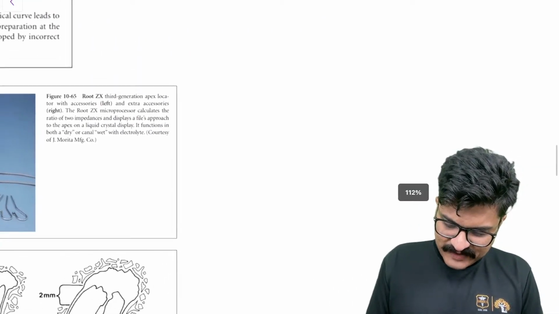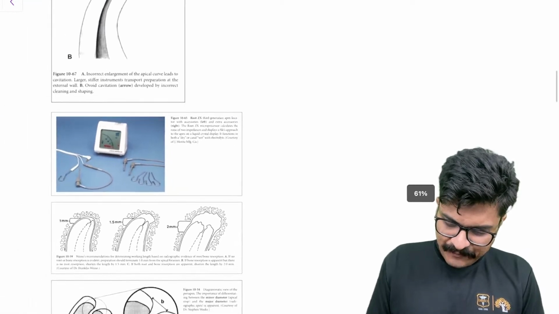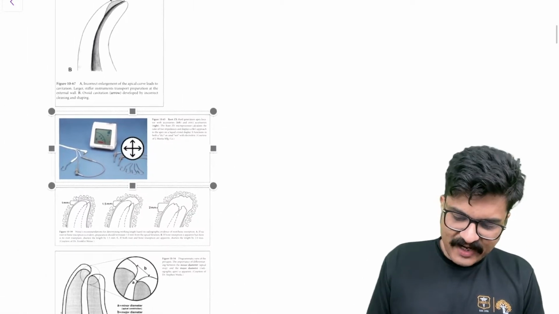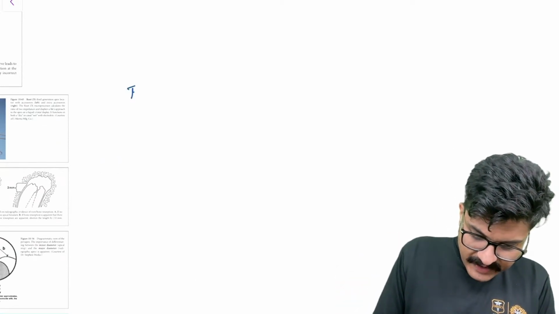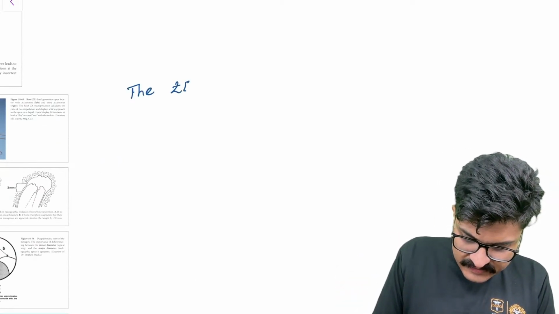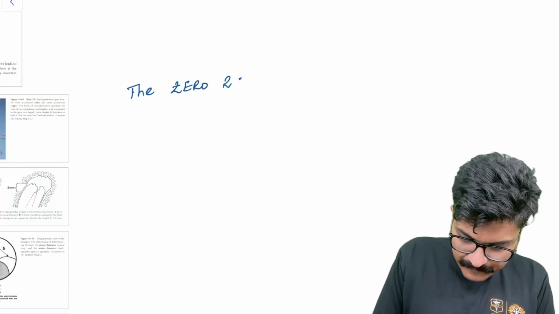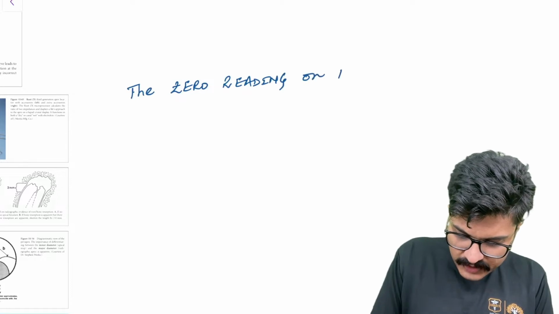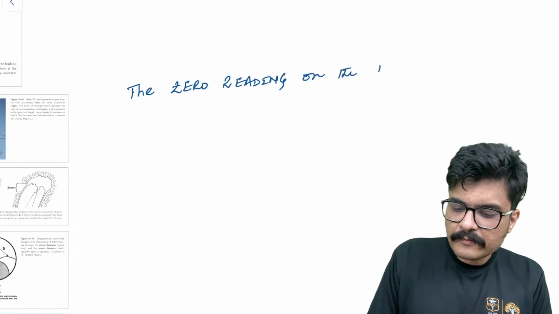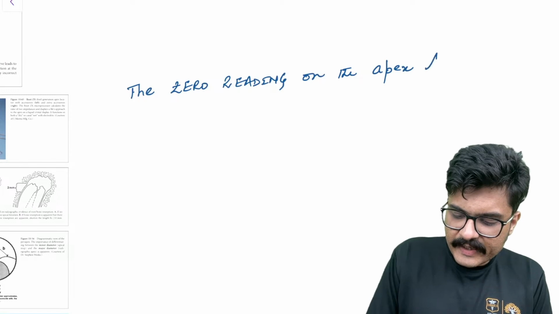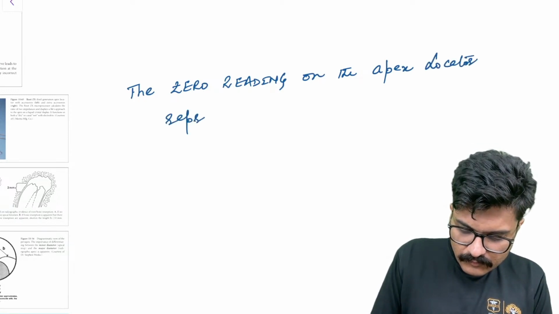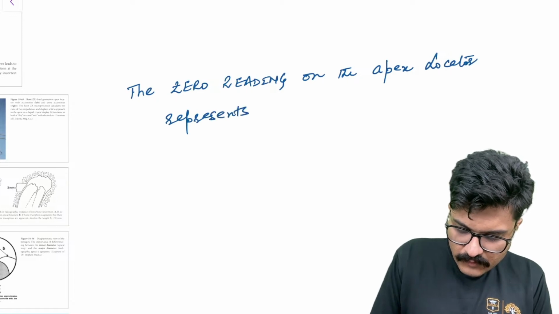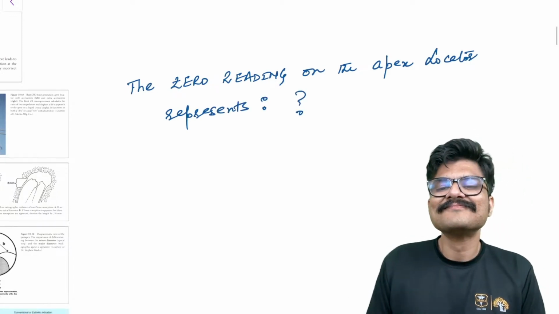So let us frame this question here, write this down, and solve this once and for all without any confusion. The zero reading on the display of the apex locator represents what?